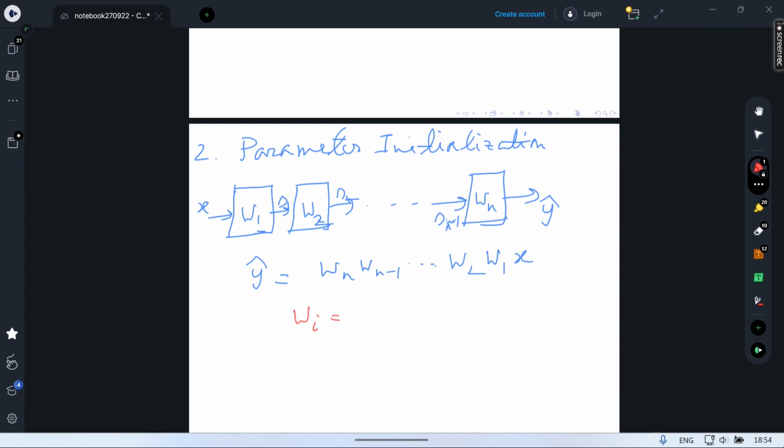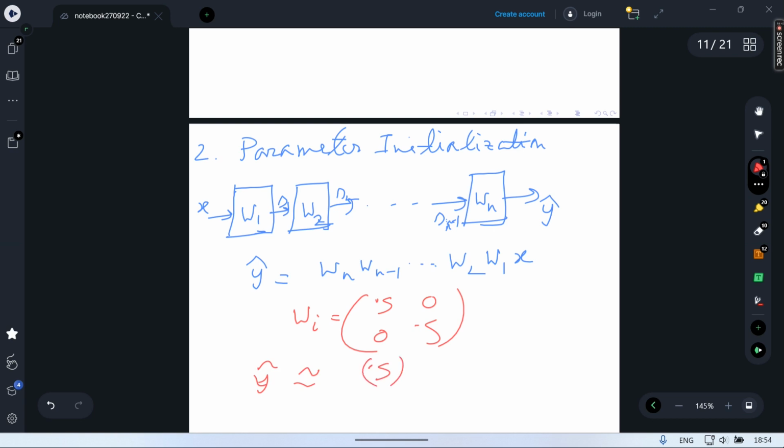Then y hat will be close to 0.05 to the power n multiplied by x.